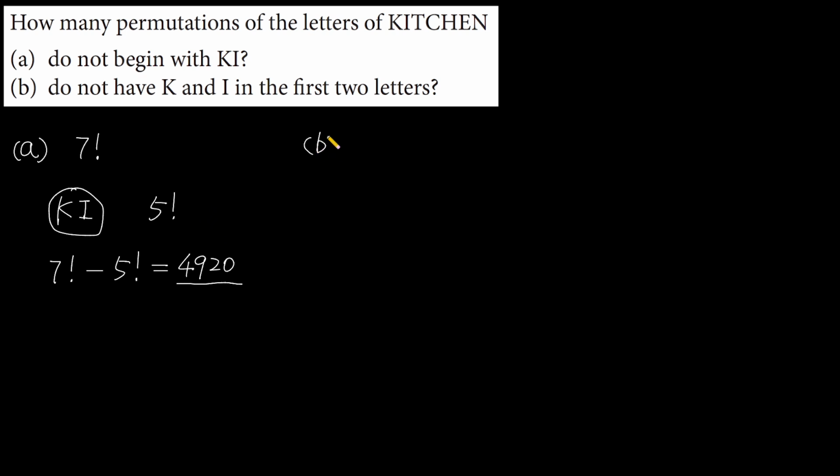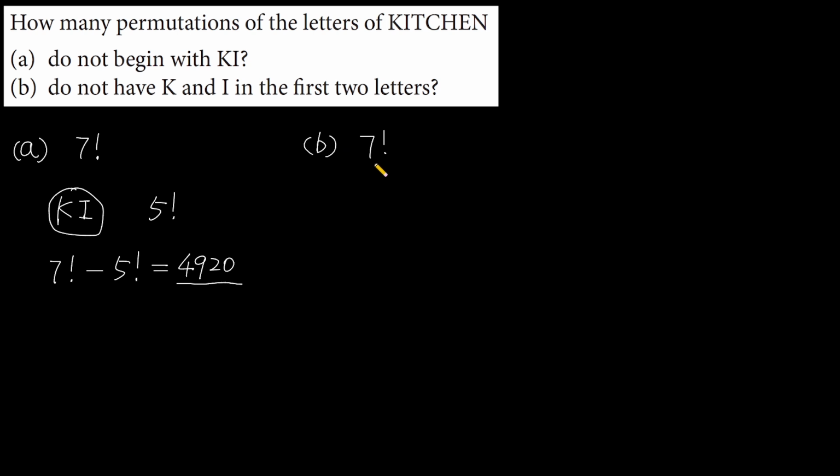Now question B. For the number of permutations that do not have "k" and "i" in the first 2 letters, we already know that the number of permutations of the 7 letters is 7 factorial. Then we can find the number of permutations that have "k" and "i" in the first 2 letters.